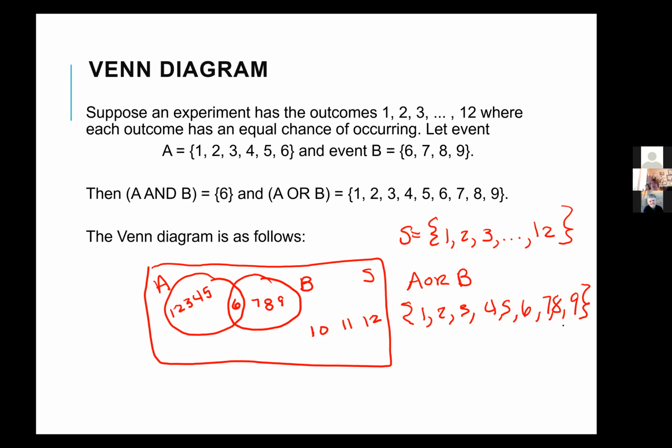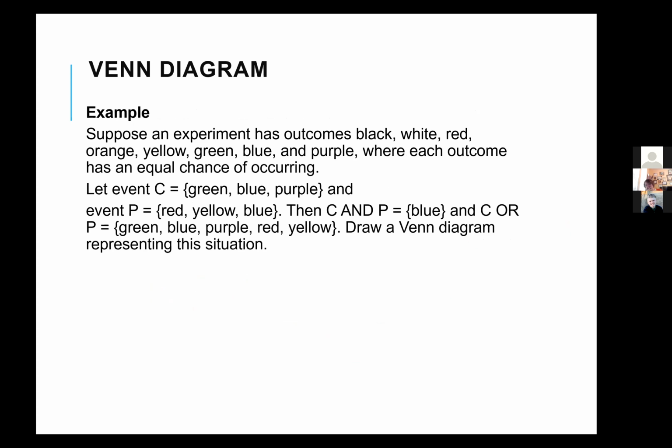So that would be A or B. So in this case, C or P would be green, blue, purple, red, or yellow.